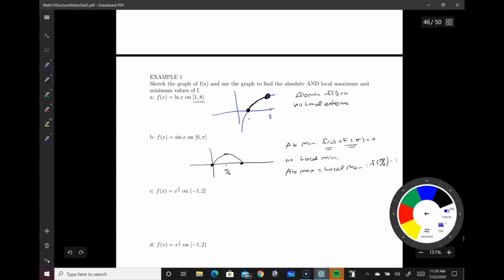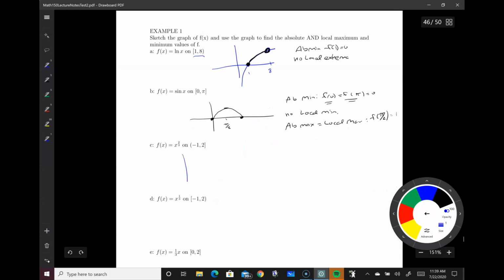You know the graph of x to the 2/3 looks like this. I want the part of the graph that's between -1 and 2. Let me try and draw it over here, give context. It's going up still. The part of the graph that I want is here, down to here, and up to and including that point.